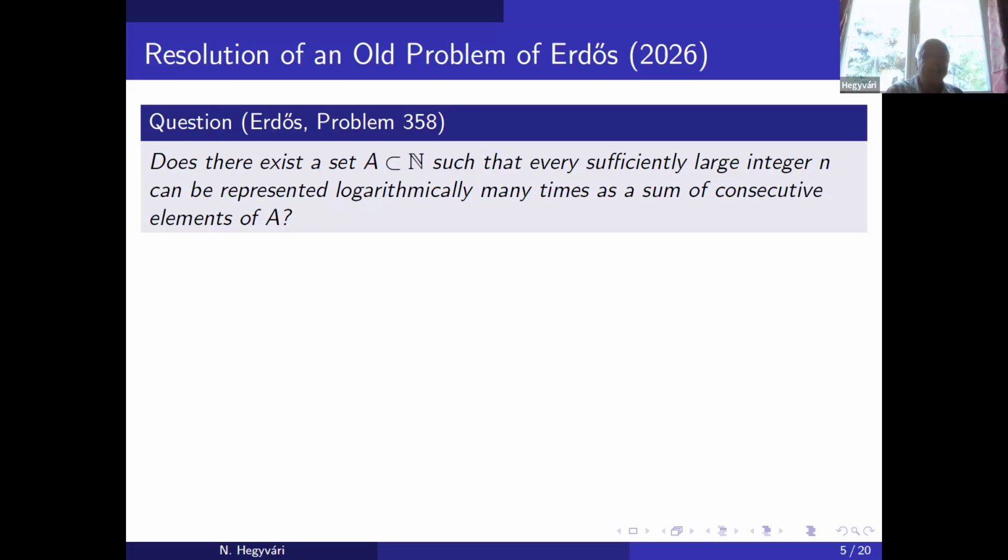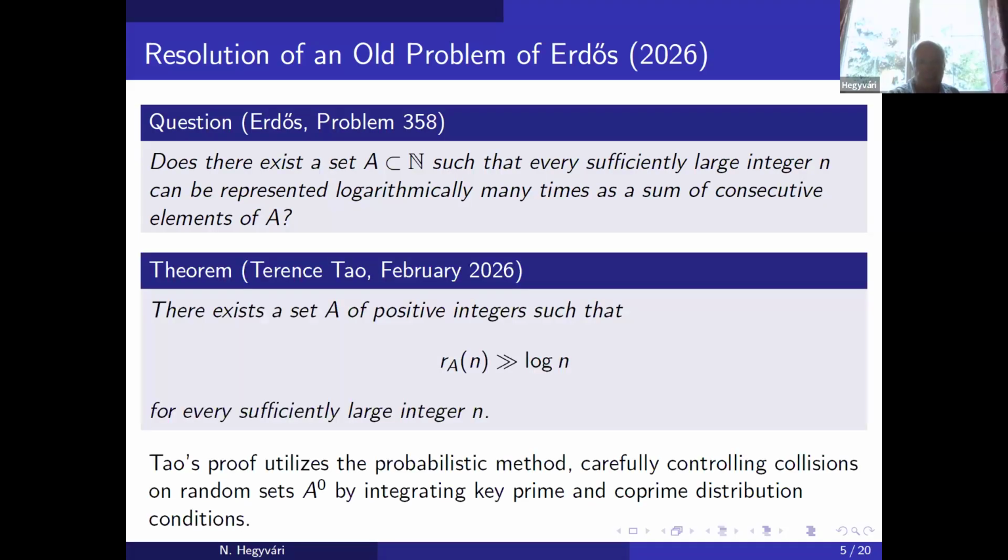In the original case, the logarithm was not explicitly stated, just that it is unbounded. And recently, at the beginning of this year, Tao proved this result, namely, he constructed a set A of positive integers such that the representation function is always at least a constant times log n for every sufficiently large integer.